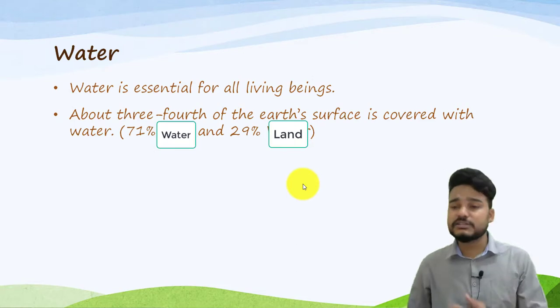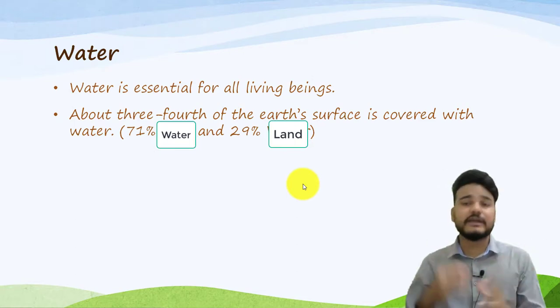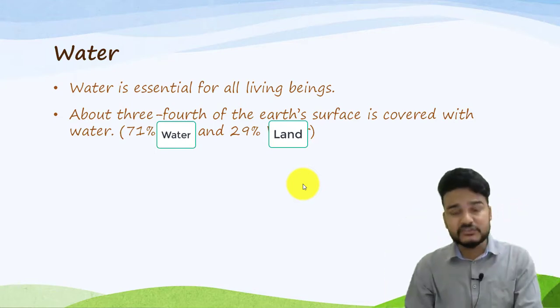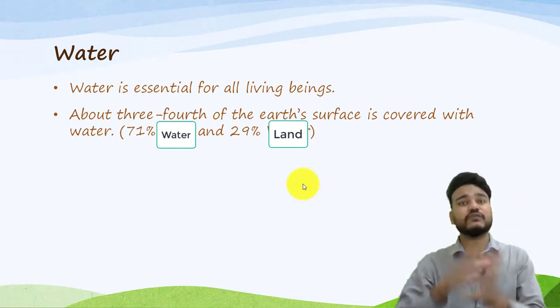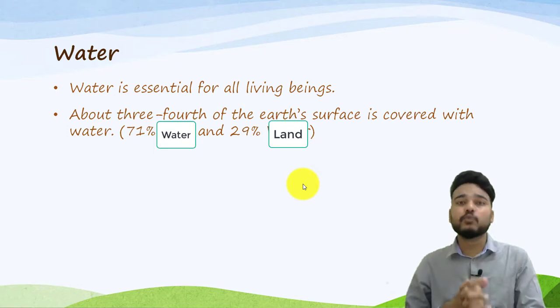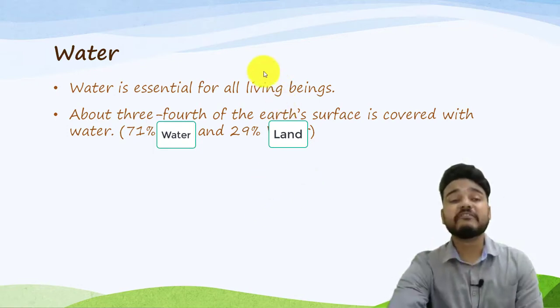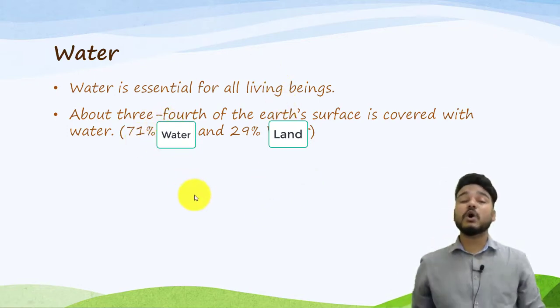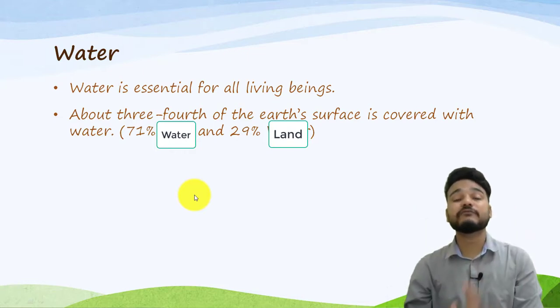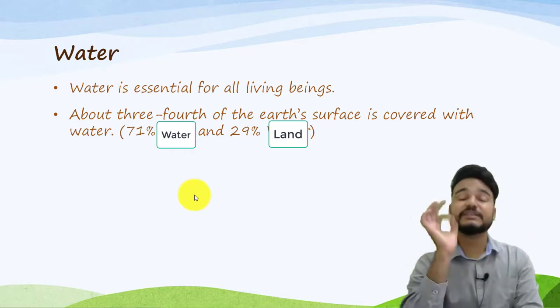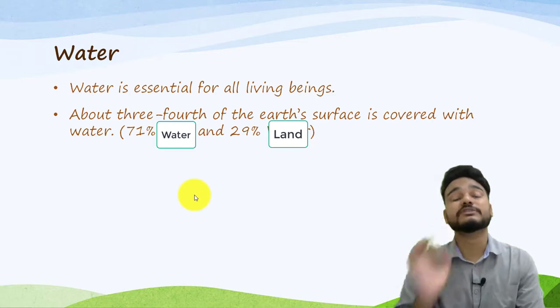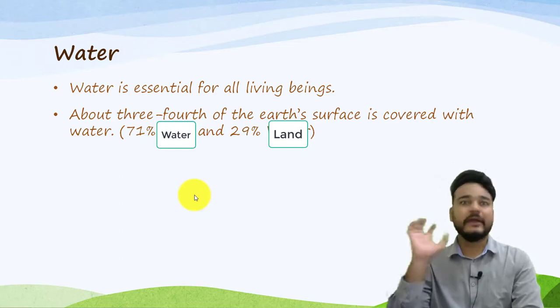In the last lesson when we were learning about our country, that time also I told you that 71% of our earth surface is occupied by water. What? 71% of the surface is covered with water, and only 29% of earth surface is covered with land.